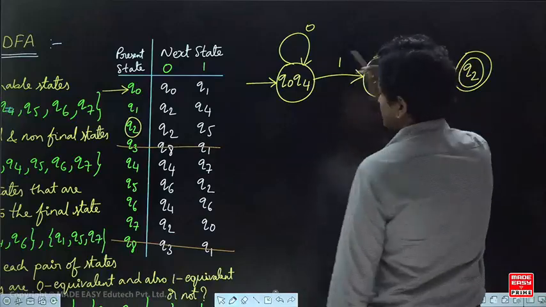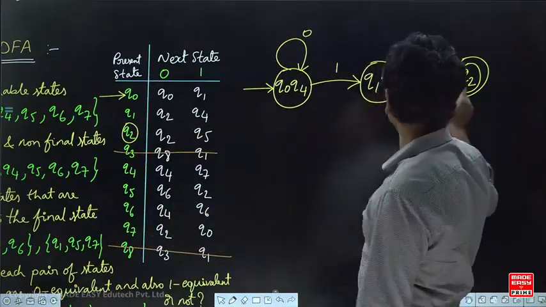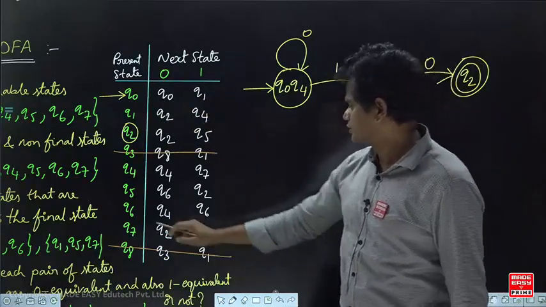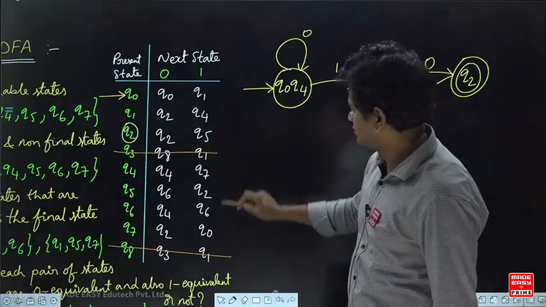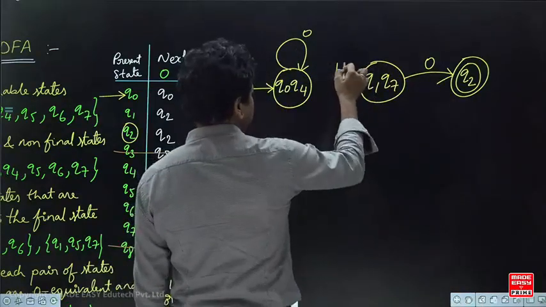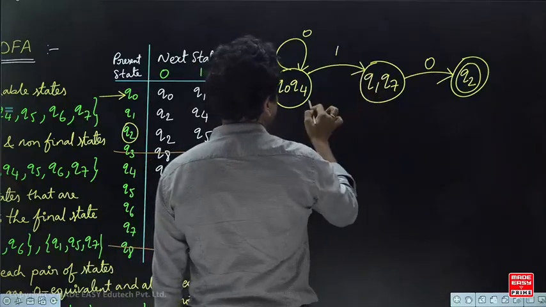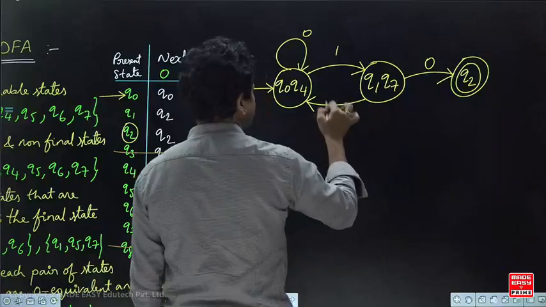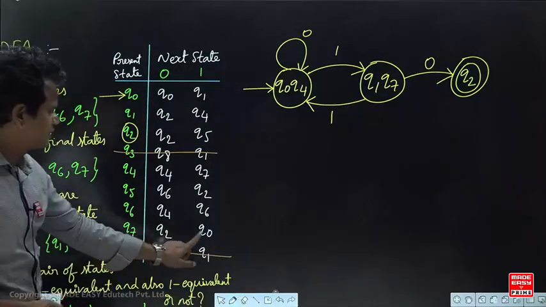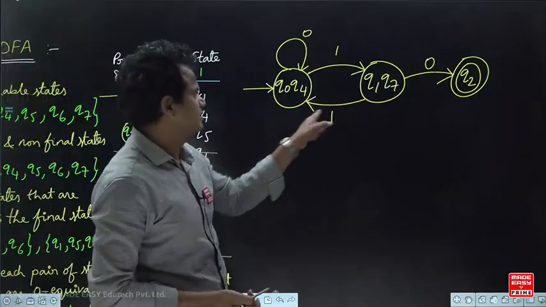Now Q1 on 1, Q4. Q7 on 1, Q0. What is the combination? Q0, Q4. So Q1, Q7 on 1 goes to Q0, Q4. Both are the same.